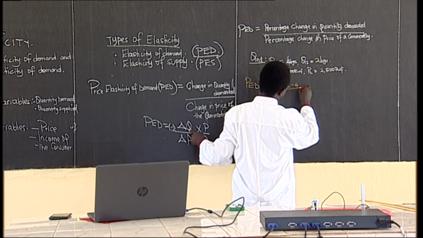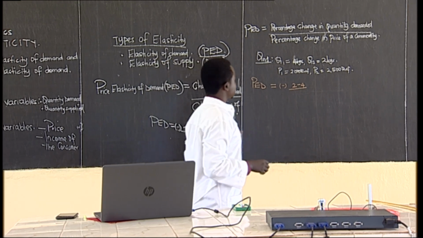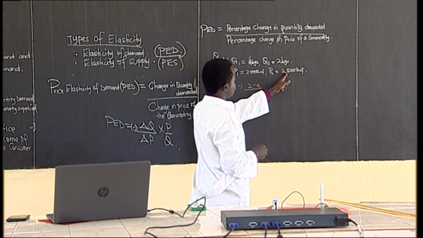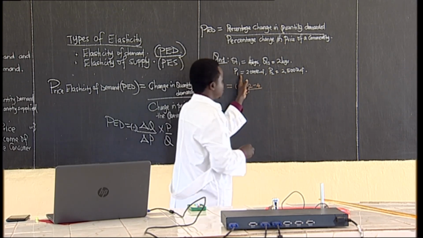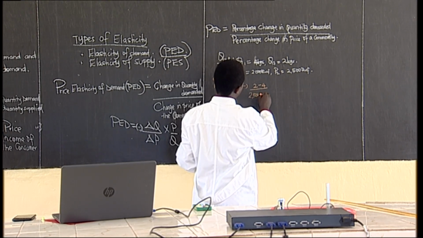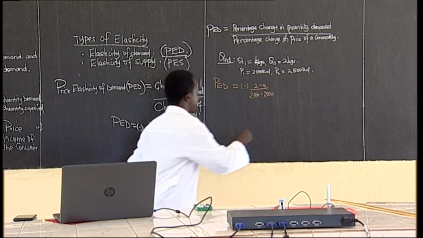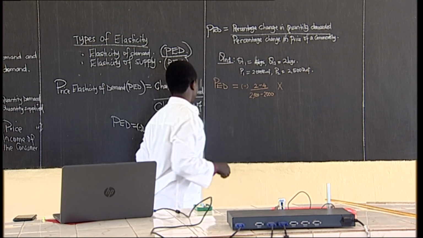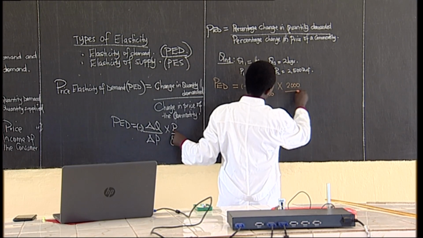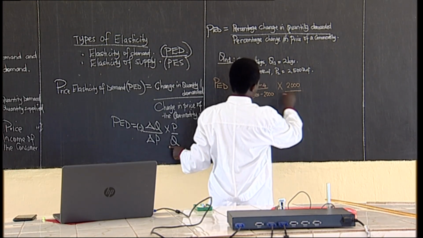Then over the change in price, that is price 2 minus price 1, which is 2,500 minus 2,000. Then we multiply by our original price, price 1, which is 2,000. Then we divide by our quantity 1, which is 4.